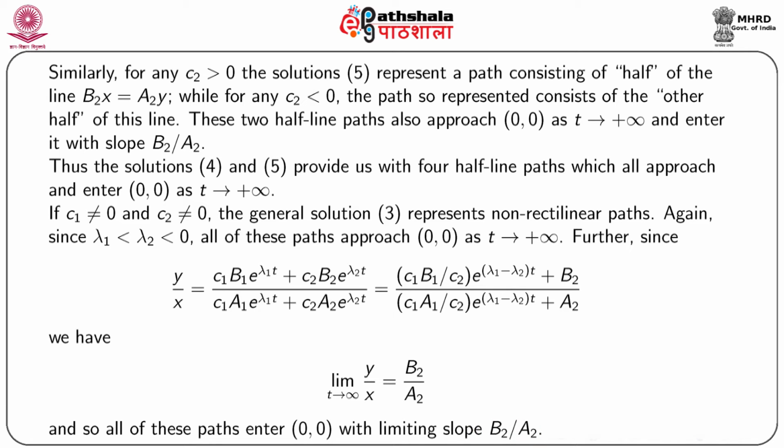And hence we get that if both the roots lambda 1 and lambda 2 are real, unequal and less than 0, then the given system will represent a node at the origin, and in this case it is a stable node.